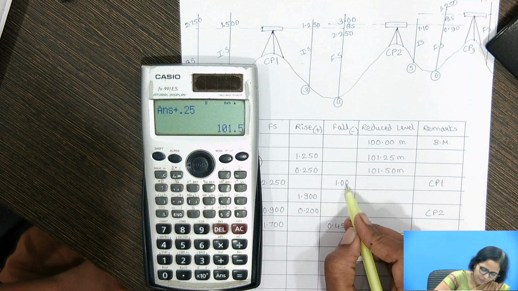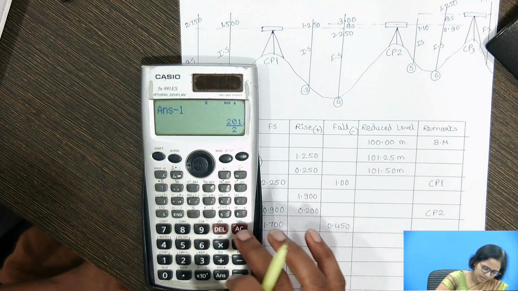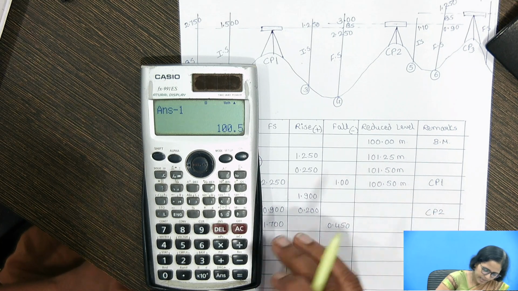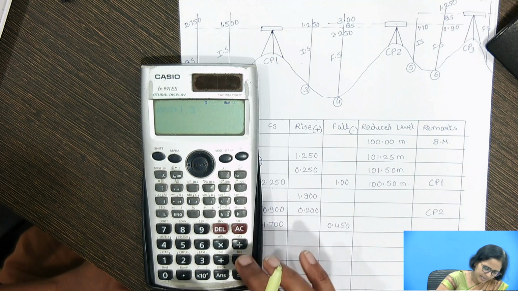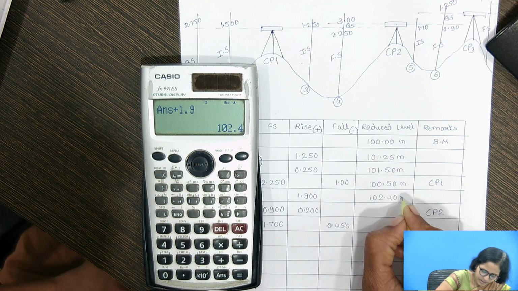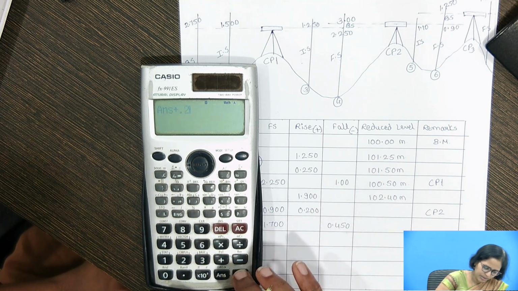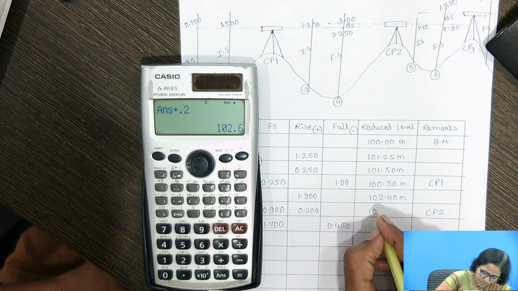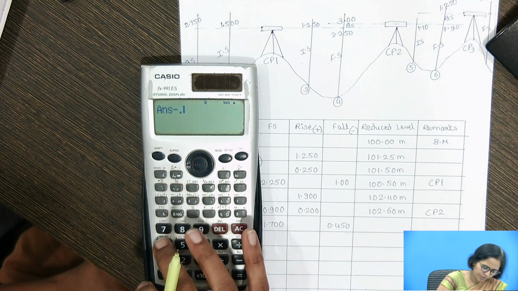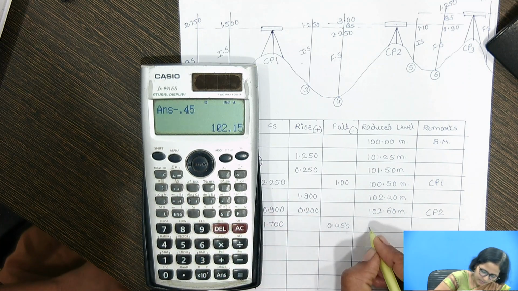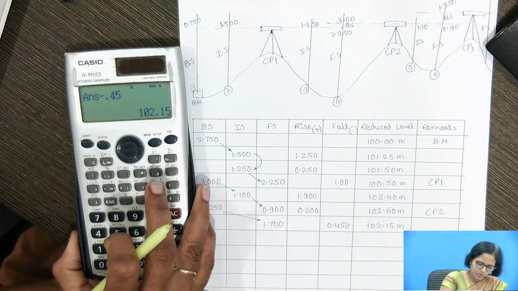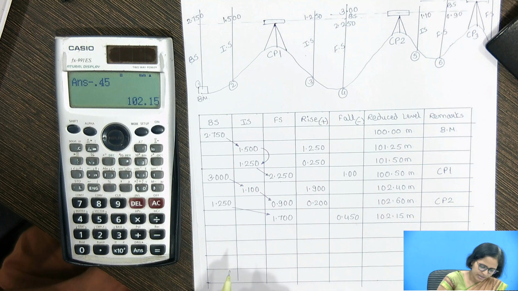Again, we have a fall value, minus 1. It is 100.50. And then plus 1.9, as you have a rise value, 102.40. Again plus 0.2 in that. So it is 102.60. Next, a fall value, minus 0.45 subtract, you finally get 102.15.